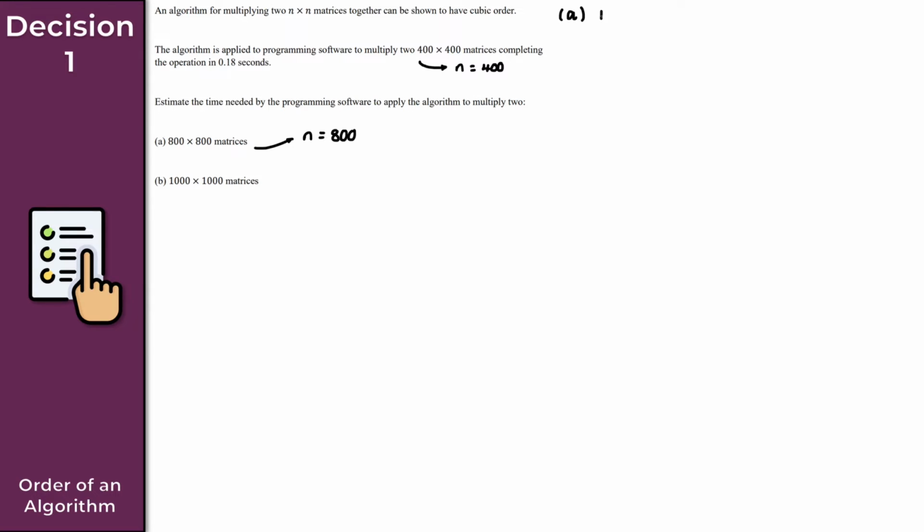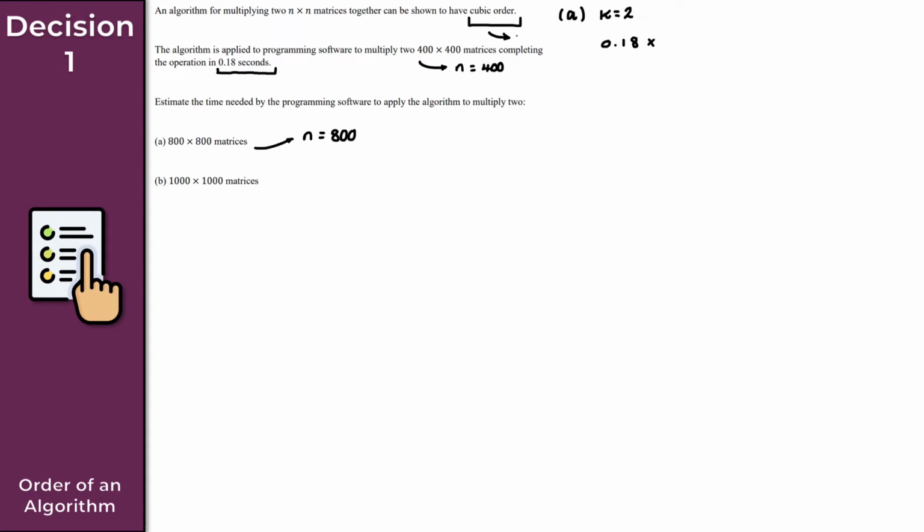And that would give us k is equal to 2 there. Okay, hopefully nice and easy just to get us started. Now to estimate the time needed by the programming software to apply the algorithm to multiply two of these 800 by 800 matrices together, it would be this time, so that's 0.18 seconds, and what we now do is times that by k cubed, because the algorithm here has cubic order.